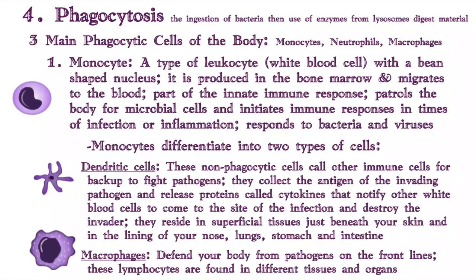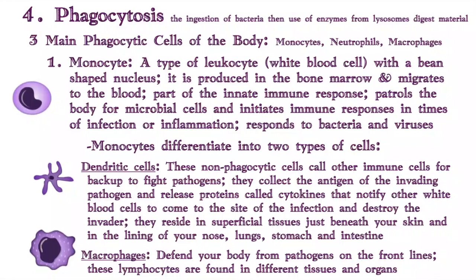And this is part of the innate. Remember, innate means inborn, or you're born with it, immune response. And basically, they patrol the body for microbial cells and initiate the immune responses in times of infection. So they will respond to bacteria.